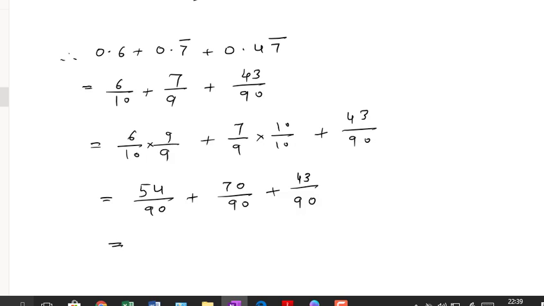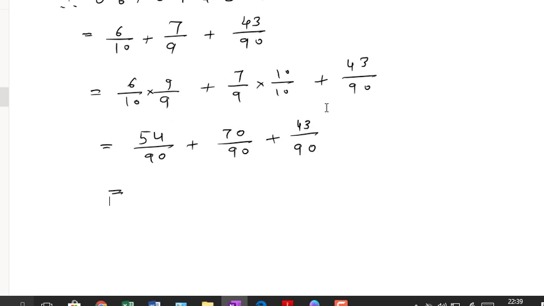Now their addition is 4 plus 3 is 7, 4 plus 5 is 9, 9 plus 7 is 16, so 167 upon 90. Okay, so this is your representation of 0.6 plus 0.7 bar plus 0.47 bar in the form of P upon Q.